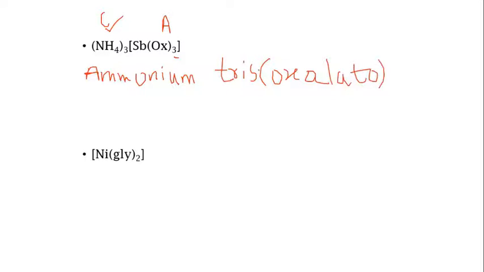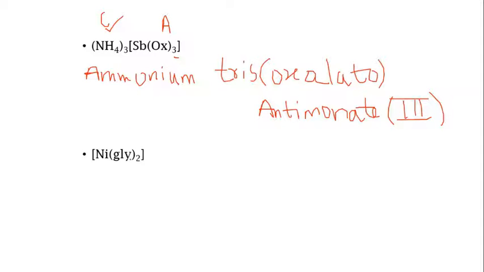Then you have Sb, its Latin name, antimony, so you will use antimonate, and in the bracket you will write the oxidation state, which is 3. So ammonium trisoxalato antimonate 3 is the complete name of this particular complex.